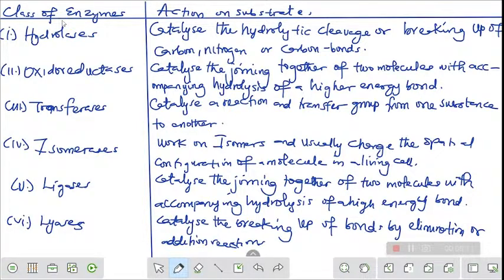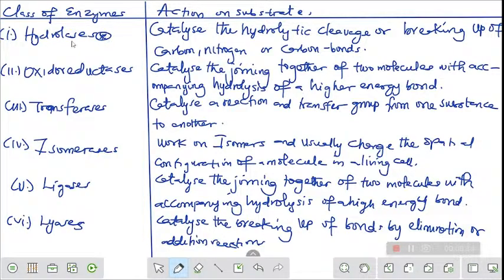So number 1, the first class, is the main thing that you should know in case of digestion. All the enzymes that are digestive enzymes are hydrolases. Take note of that. Why is this enzyme involved in digestion?